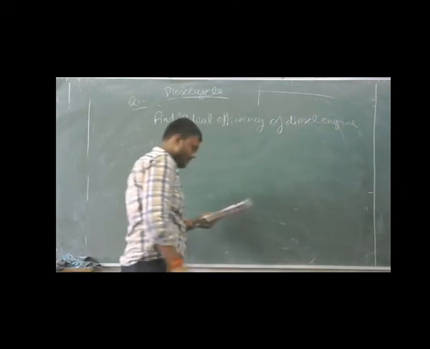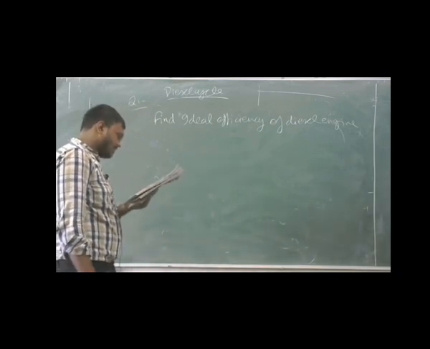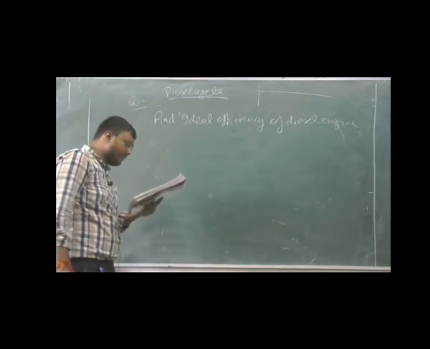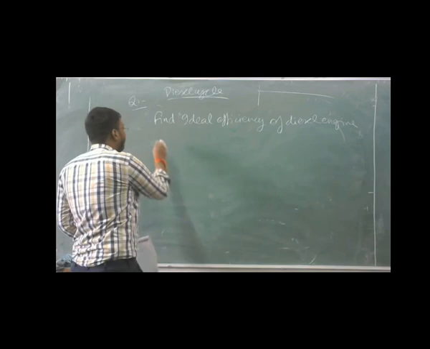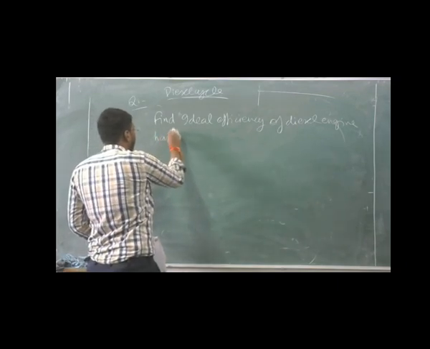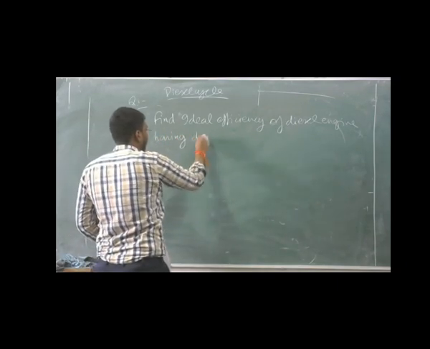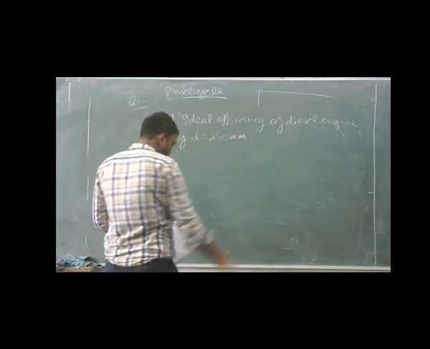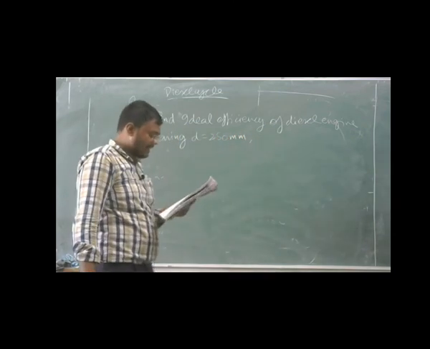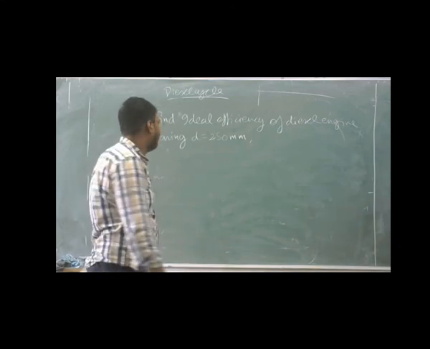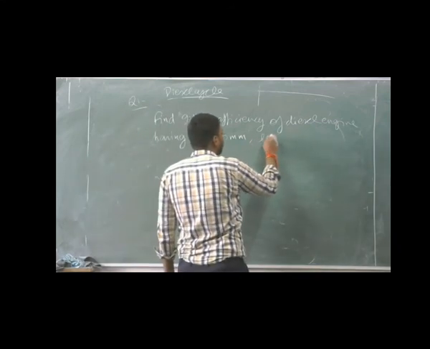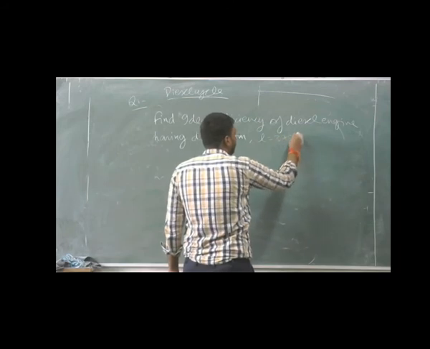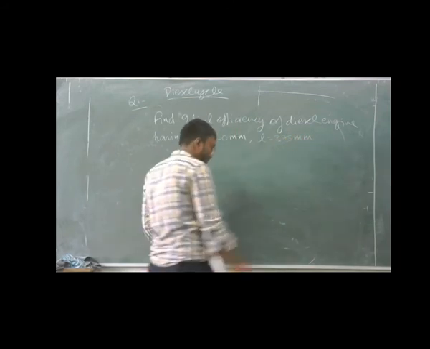Find ideal efficiency of diesel engine having a cylinder with bore 250 mm. Bore diameter D is given, equal to 250 mm, and stroke is given and is equal to 375 mm.